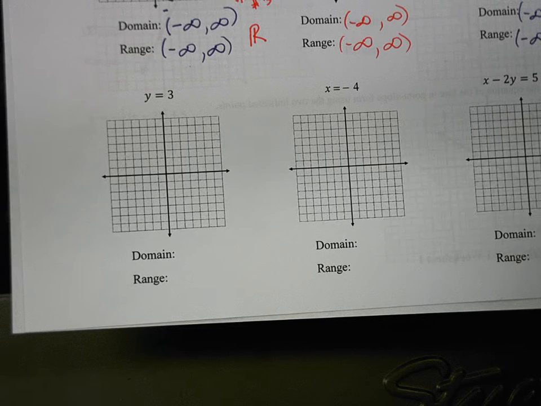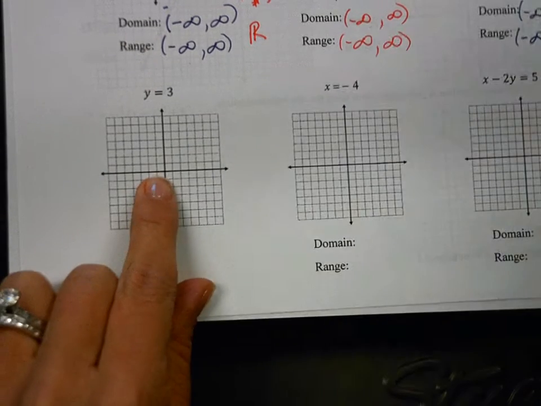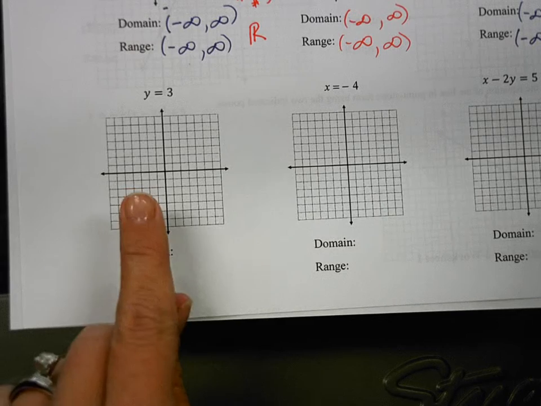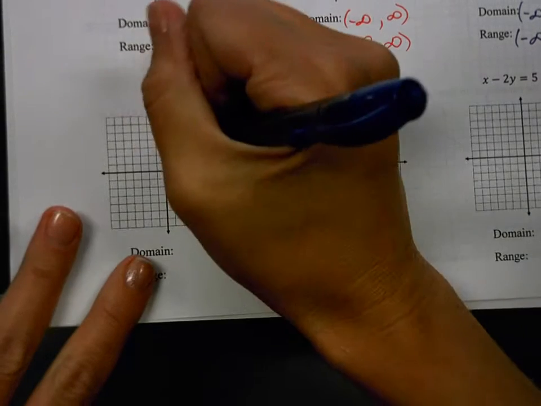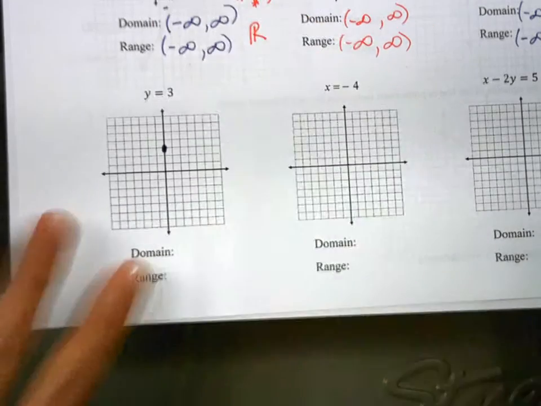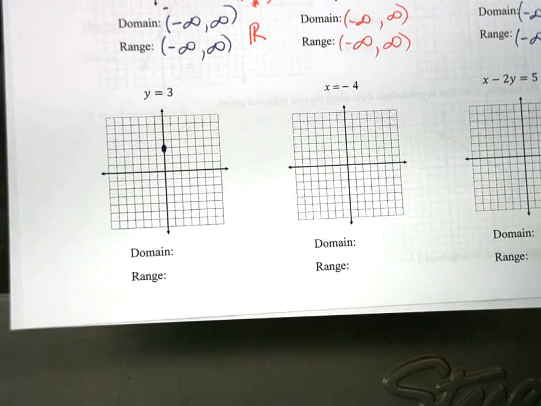Okay, I hear some of you and you have a lot of good conversations going on. Okay, y equals 3. Where is y equals 3? Okay, up 3. So I'd always start with that, and then you're like, okay, how would I draw a line with that information? Very good.